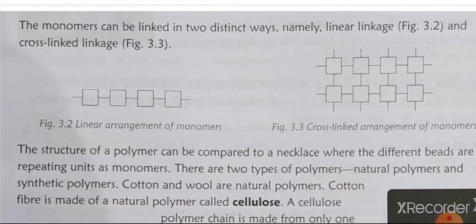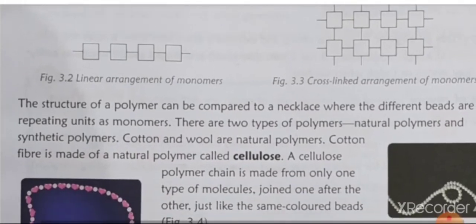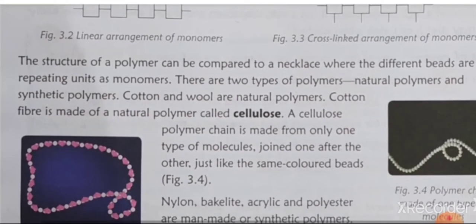There are two types of polymers, natural polymers and synthetic polymers. Natural polymers भी हो सकते हैं from the plant source itself. We will see, beta, cotton and wool are natural polymers. Cotton fiber is made up of a natural polymer called cellulose. Cellulose is found in plant sources only.